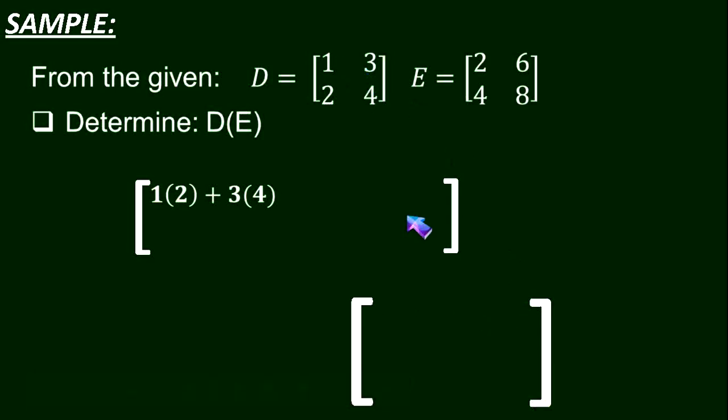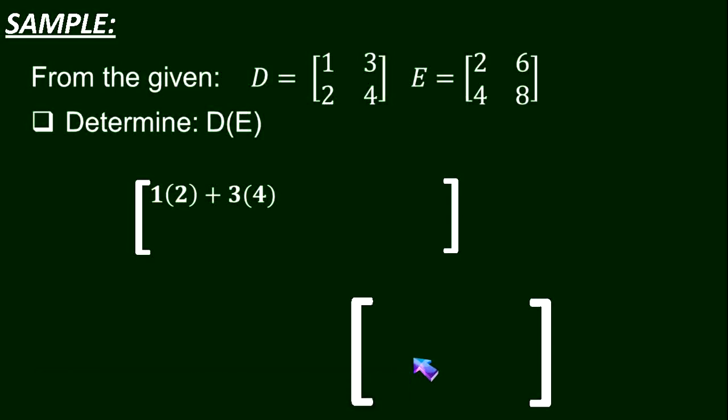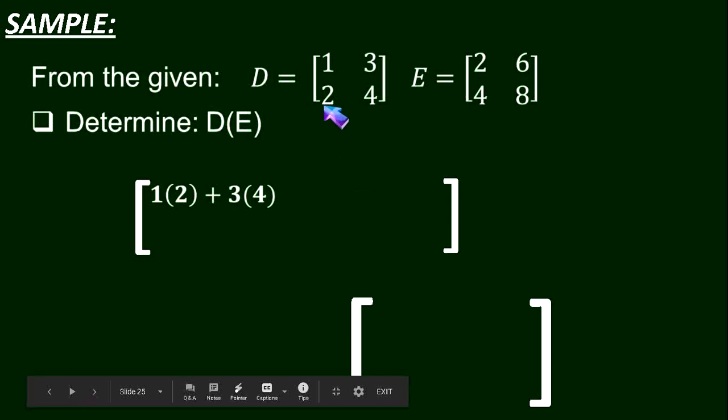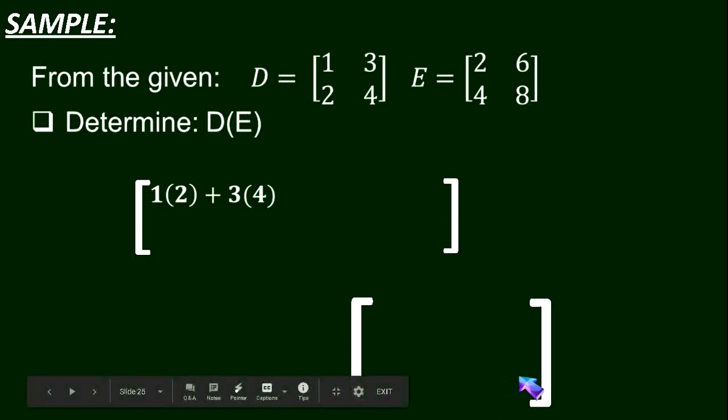You just have to take the summation. Ang magiging entry naman natin sa second row, first column, we multiply the summation of the second row, first column. And yung magiging entry naman natin sa second row, second column, we have to take the summation of this second row multiplied by the second column.